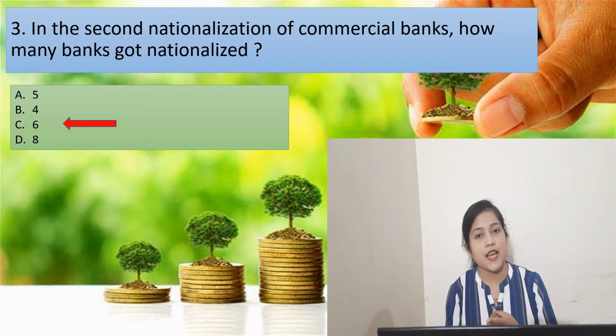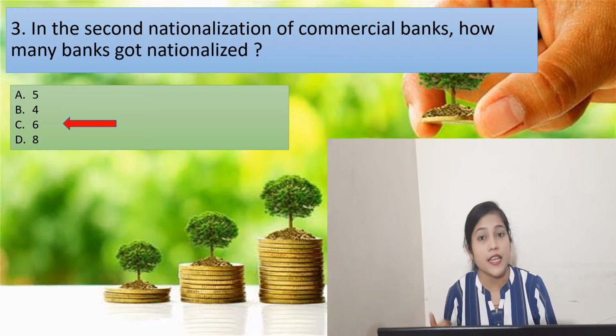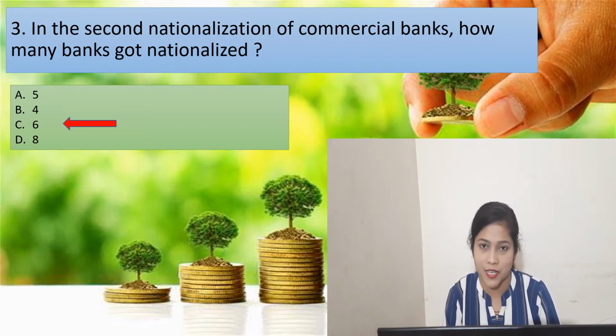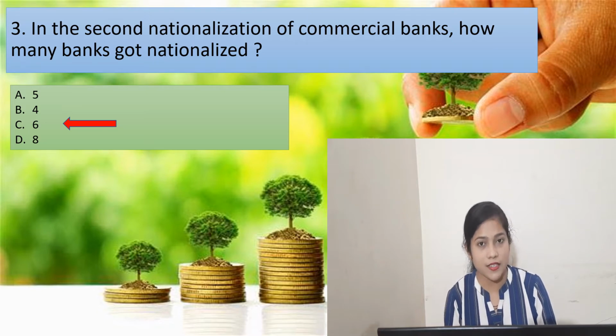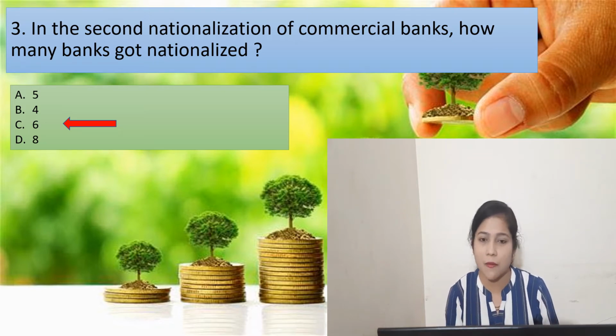Remember: first nationalization 1969, 14 banks; second nationalization 1980, 6 banks. This is all about this third question.